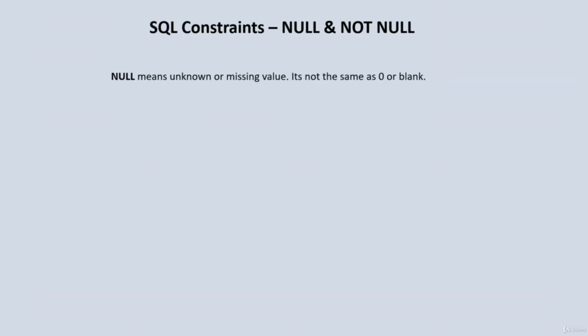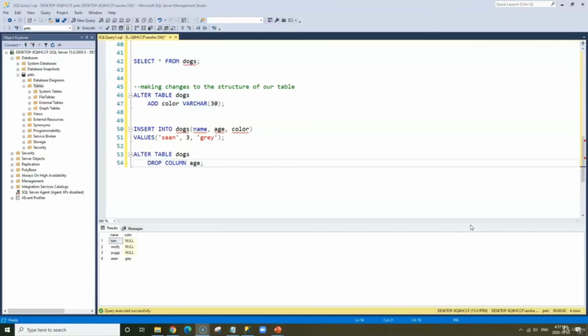Now, earlier on, and let's switch back to SQL Server, if we look at our dogs table, we have this field that says null. So essentially, we have null values for the color for Tom, Wolfie, and Poggy. Now, this does not mean that Tom, Wolfie, and Poggy don't have a color. It's just that we don't know, or we did not input that record.